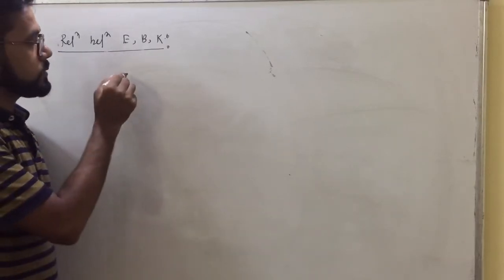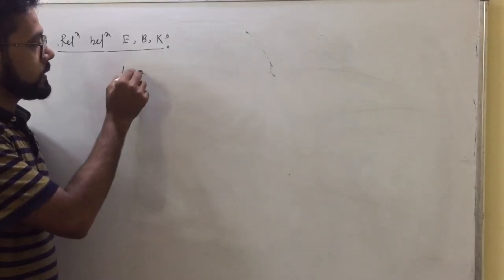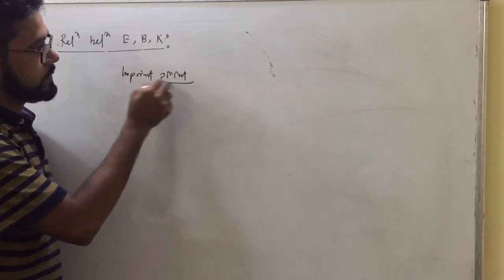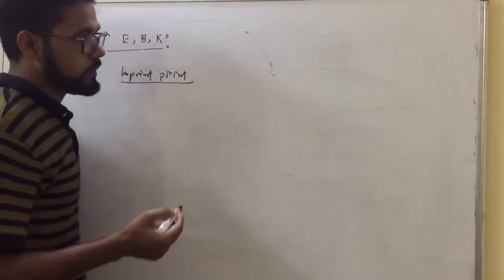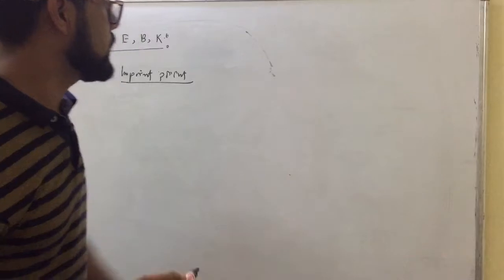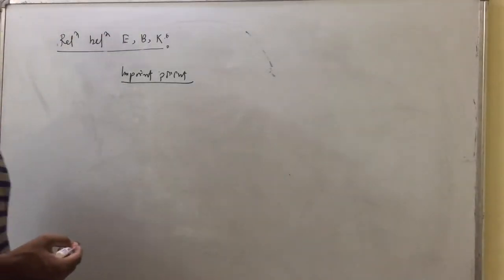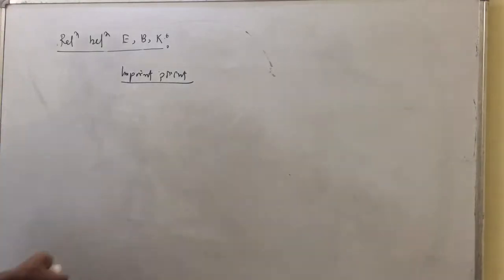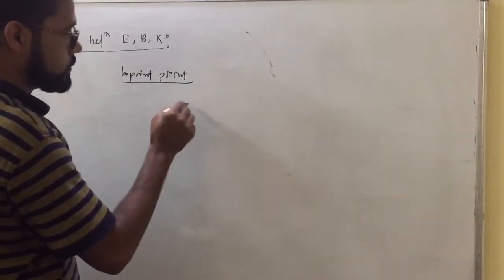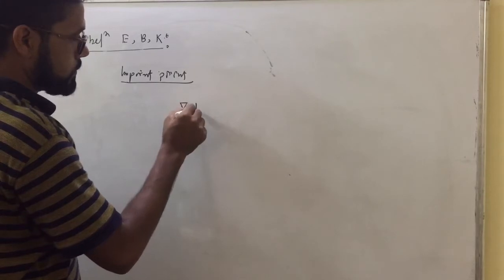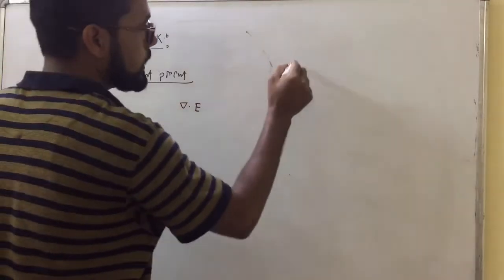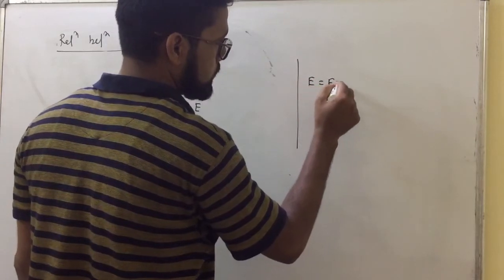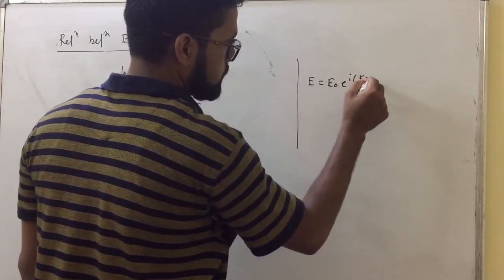Before that, I want to give you an important point. I want to give you short tricks on how to remember the formula, because we cannot remember all the mathematical formulas and terms. So that's why I'm giving you a short trick. Suppose the one-dimensional solution E equals E naught e to the power i (kx minus omega t).